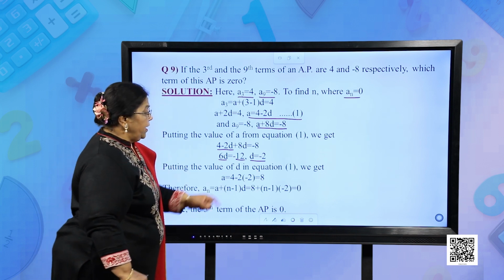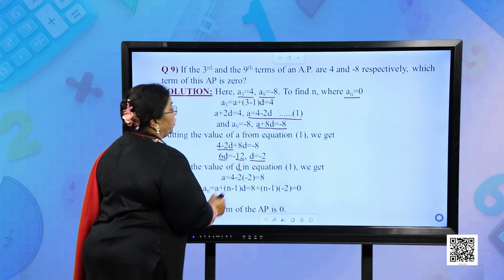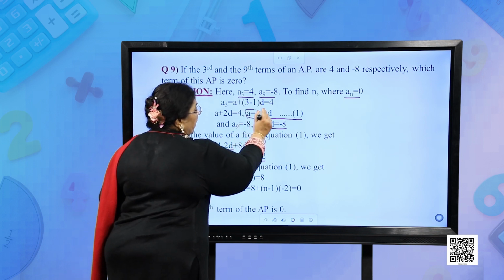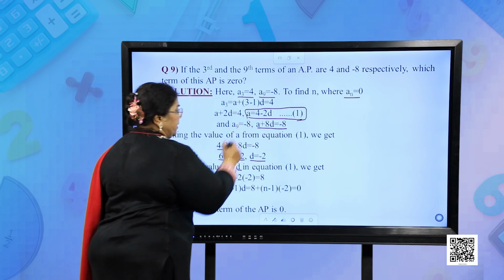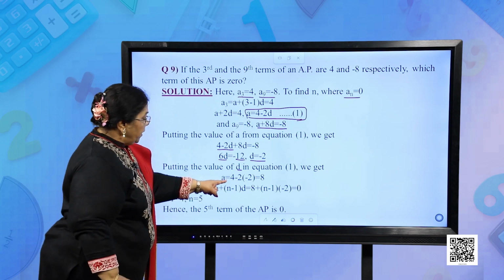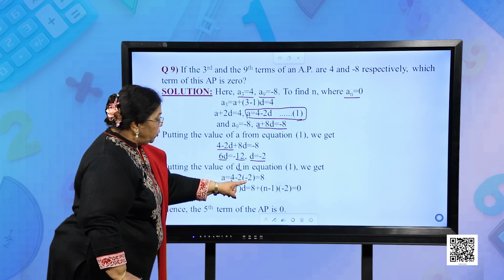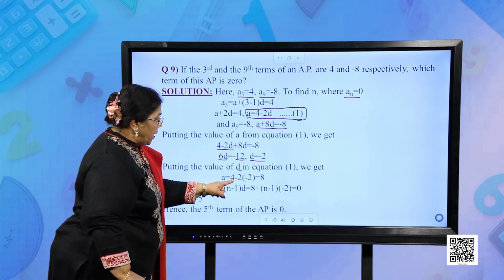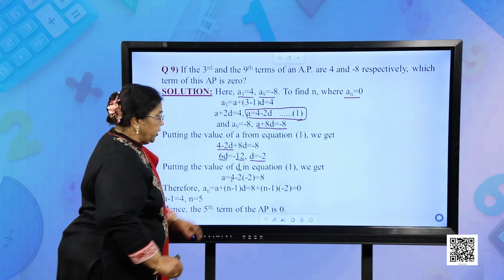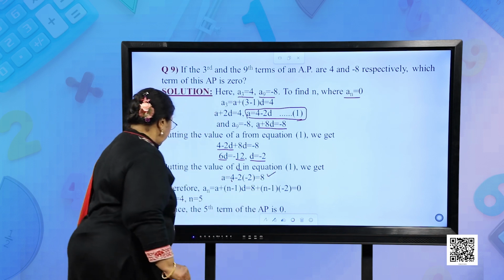Putting the value of D in equation 1. What is my equation 1? A is equal to 4 minus 2D. Look here, A is equal to 4 minus 2 into minus 2. 2 2s are 4 and minus minus will become plus. So, 4 plus 4 is 8. Okay.